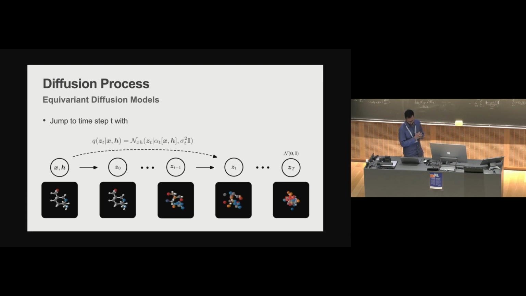This is very useful in tasks like molecular property prediction, because the property of a molecule doesn't change depending on translation and orientation. For example, the polarizability of a molecule is independent of its orientation or translation. Therefore, it's nice if the neural network you use to predict that is invariant, because if you give it a different orientation, it's not going to change the output, which it should not.